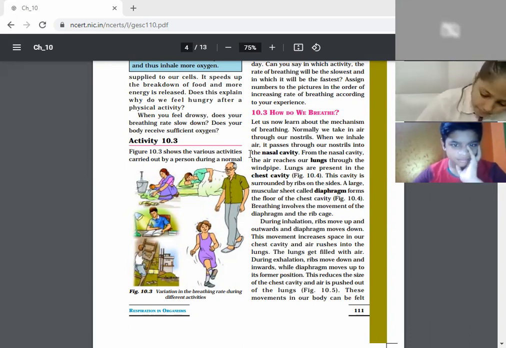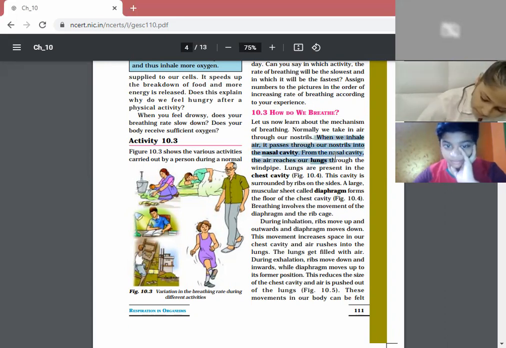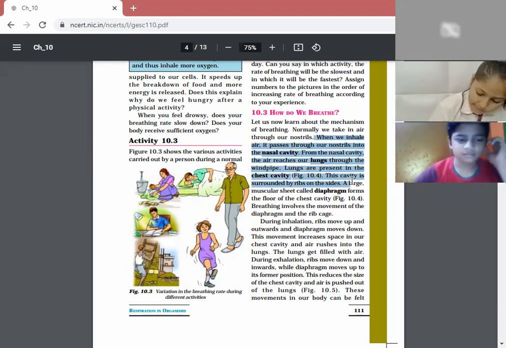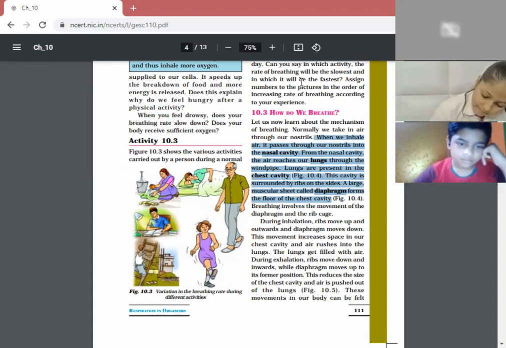From the nasal cavity, the air reaches our lungs through the windpipe. Lungs are present in the chest cavity. This cavity is surrounded by ribs on the sides. A large muscular sheet called the diaphragm forms the floor of the chest cavity. Breathing involves the movement of the diaphragm and the rib cage.